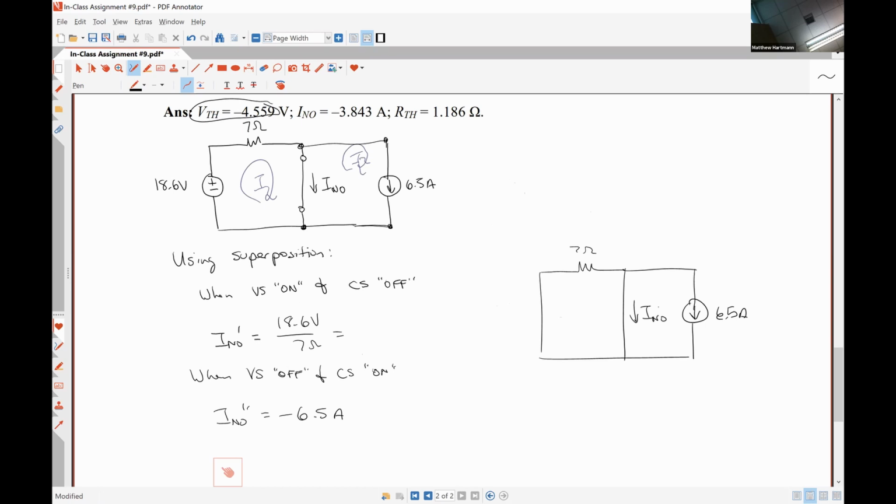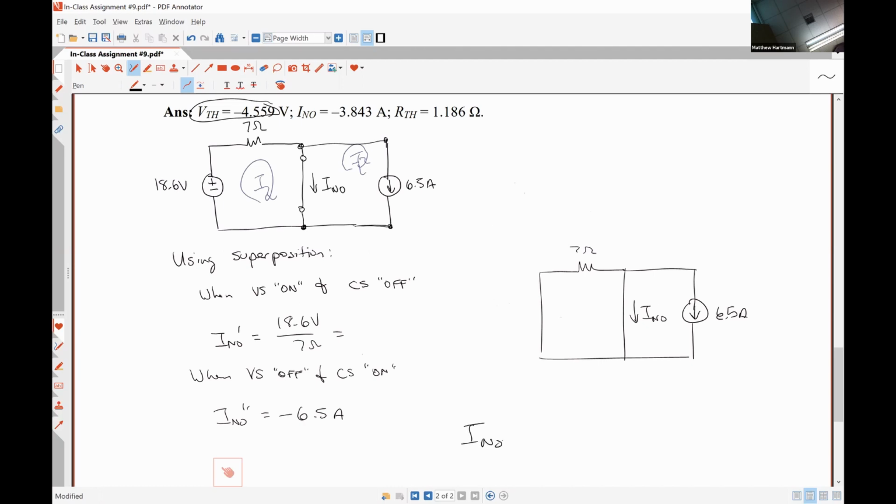We could have done mesh, set up a system, 2 equations, 2 unknowns, or we can do it this way and we're going to get the exact same result. We're pretty much going to wind up with the exact same equations, actually. So let us see then. All right, so 18.6 over 7 minus 6.5.